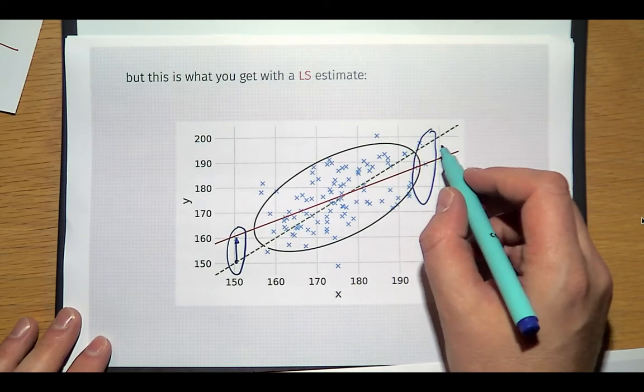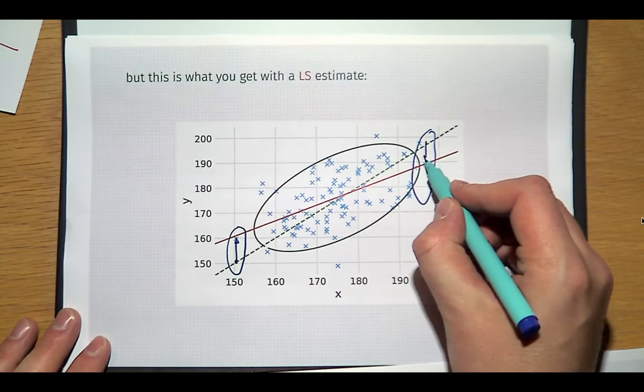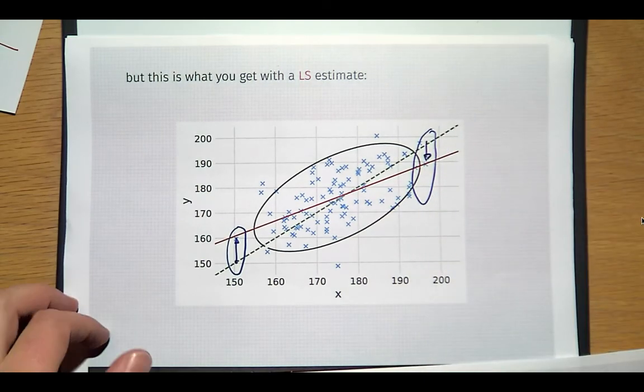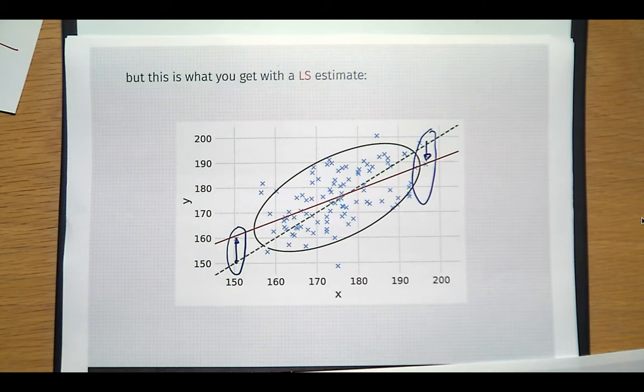And if you're very tall, then your offspring is more likely to be a bit shorter, okay? And that's hence the word regression, okay? So the population regresses in size.